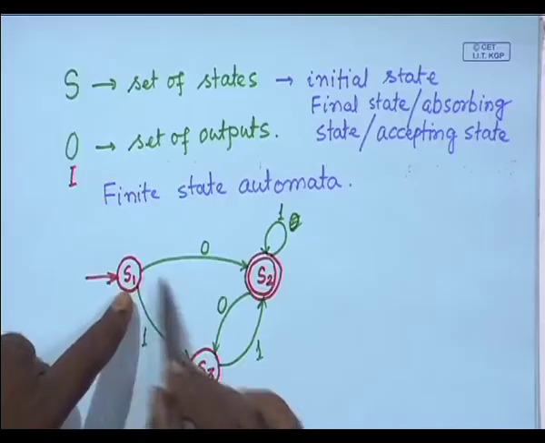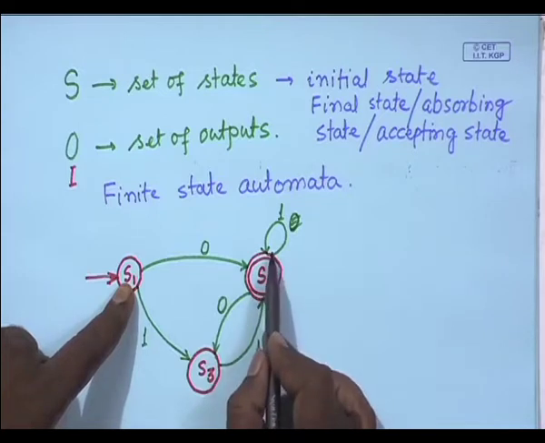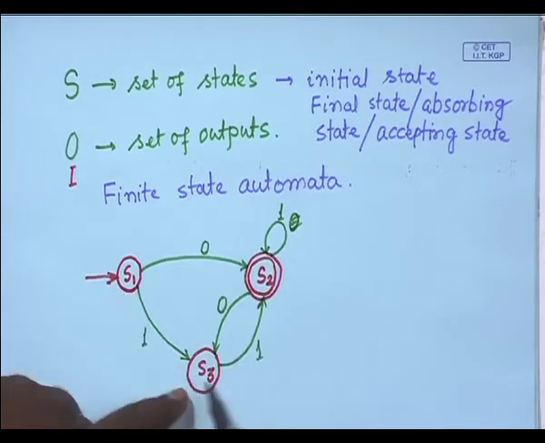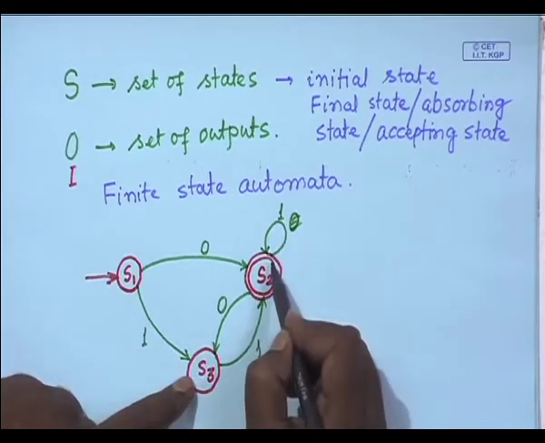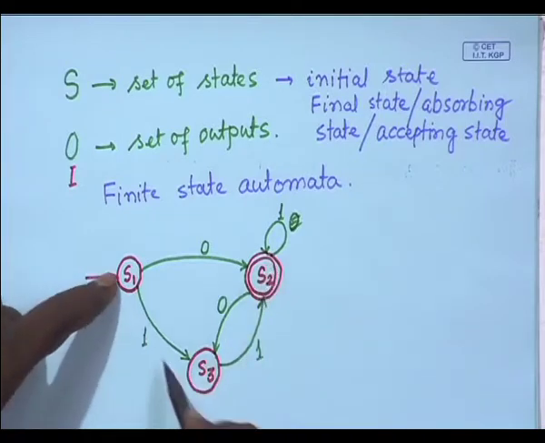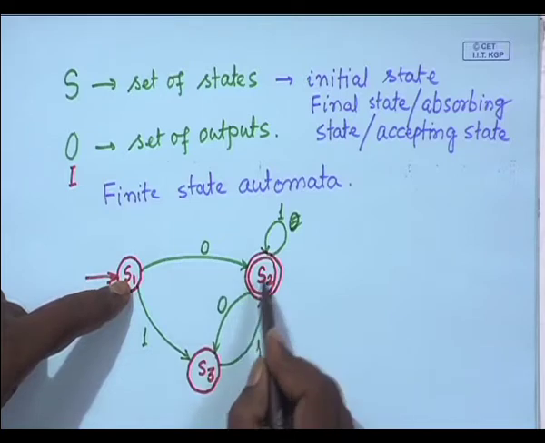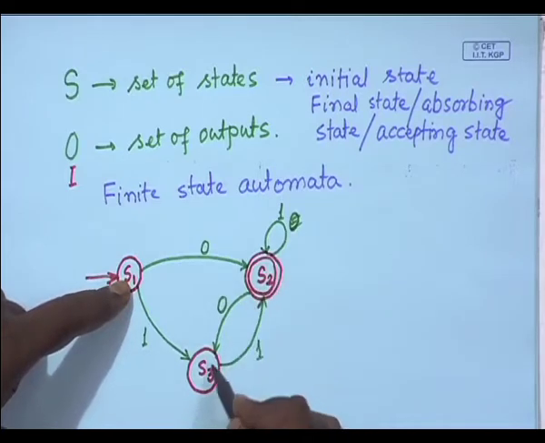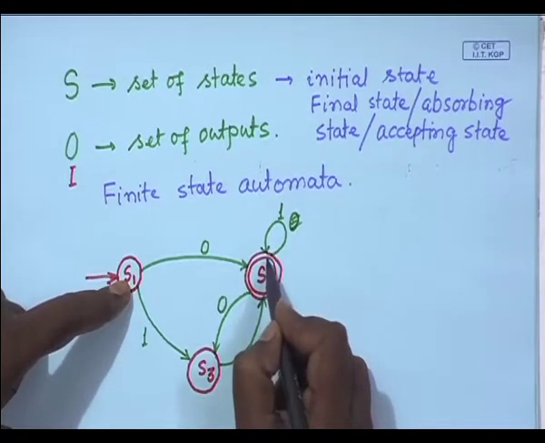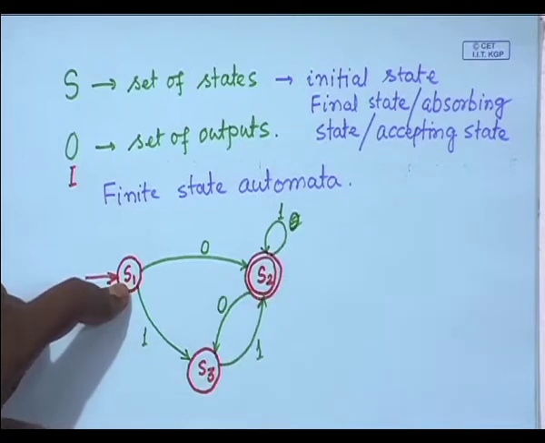That can be 0, 1, it can be 1, 1, 1, it can be 0, then 1, then 0, then 1, then 1 and all these sort of things.